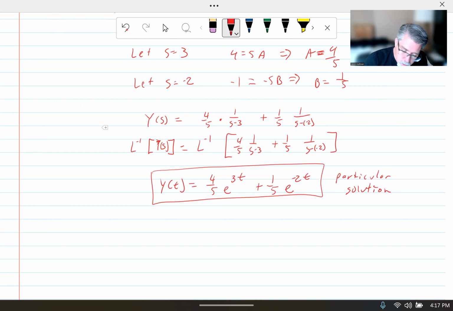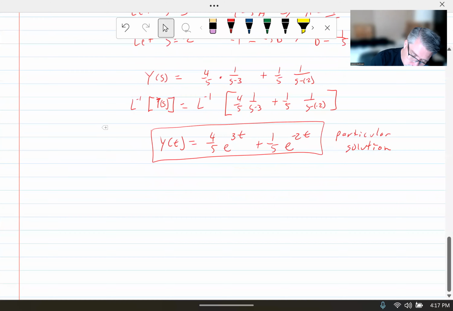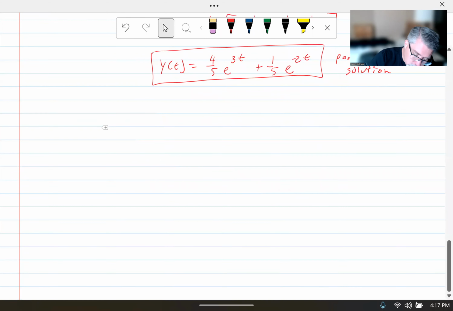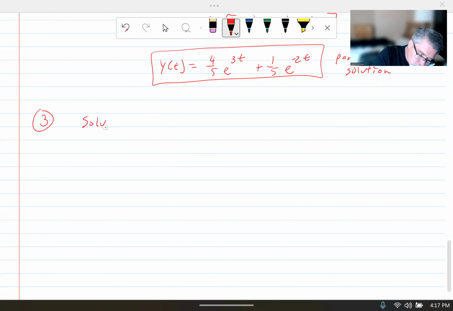Okay, let's do one more of these. Number 3. So a lot of partial fraction work involved in these.